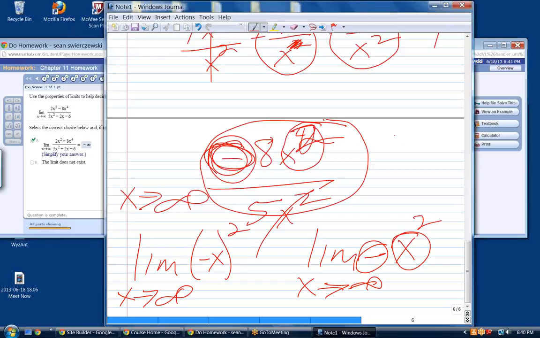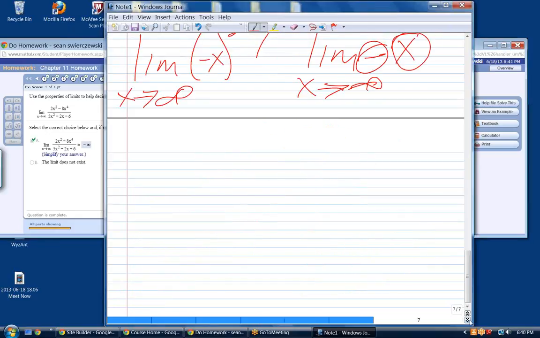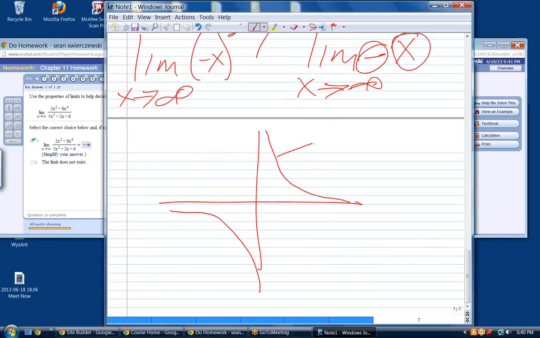Since we're talking about that, let's look at a different situation that really clarifies it. What's the limit of that function at x equals 0? What's the limit of y as x goes to 0?